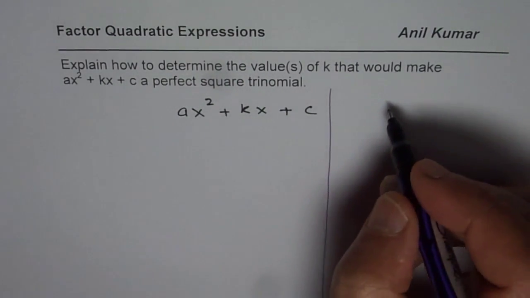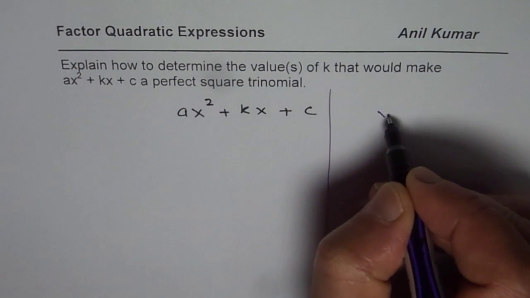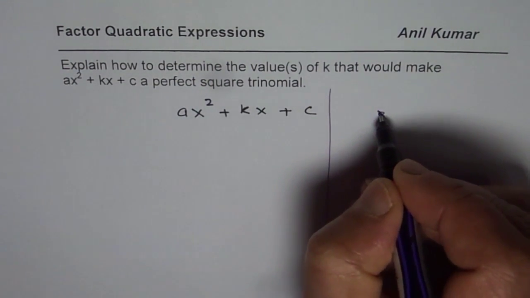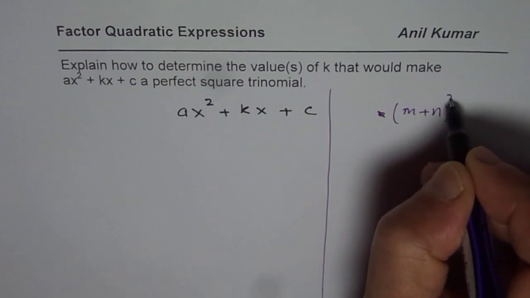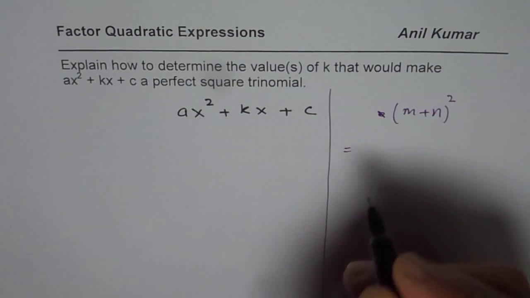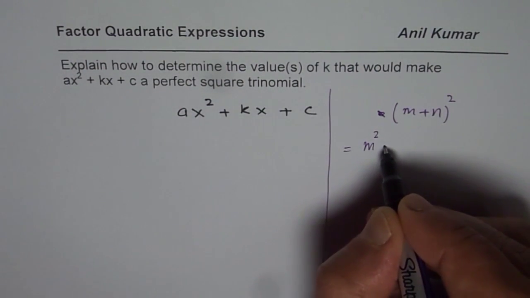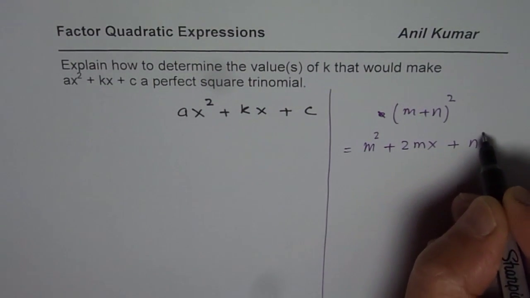So as you know, a perfect square means, let us say, m plus n whole square, right? If I expand this, what do I get? I get m squared plus 2mn plus n squared.